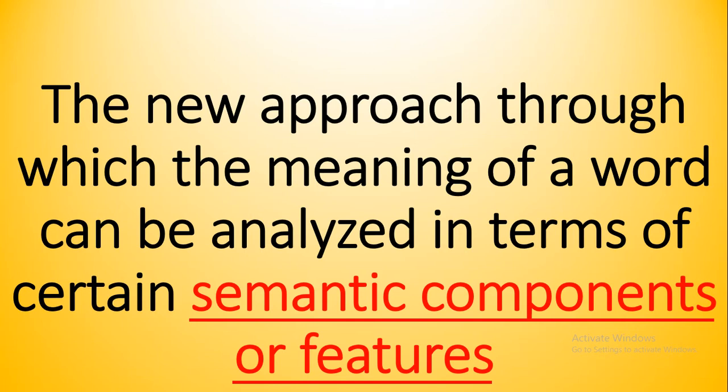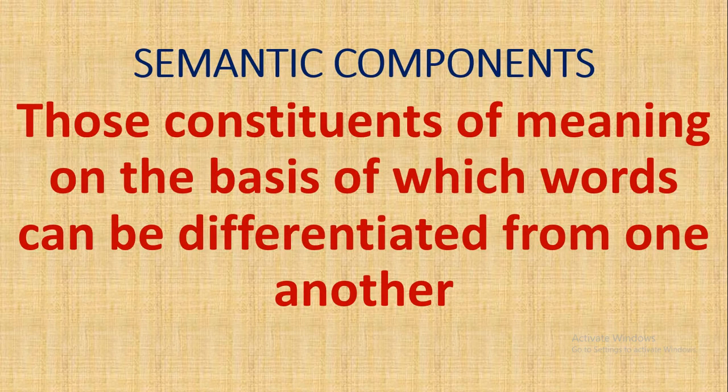It is the new approach through which the meaning of a word can be analyzed in terms of certain semantic components or features. We can also define semantic components as those constituents of meaning on the basis of which words can be differentiated from one another.